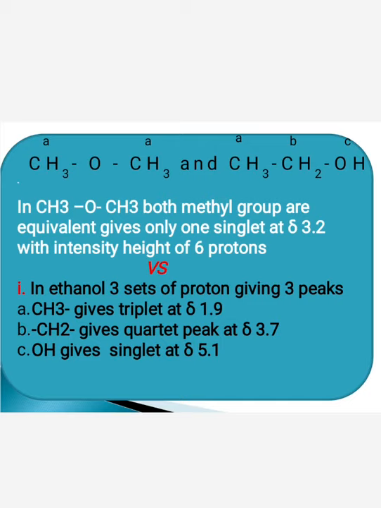While in ethanol there are 3 sets of protons, A, B and C. For set A, we get a triplet at del 1.9. For the B set of proton, we get a quartet at del 3.7. And for the C set of proton, we get a broad singlet at del 5.1 to 5.4. Here, remember one thing: the proton on the oxygen atom does not interact with the adjacent protons.